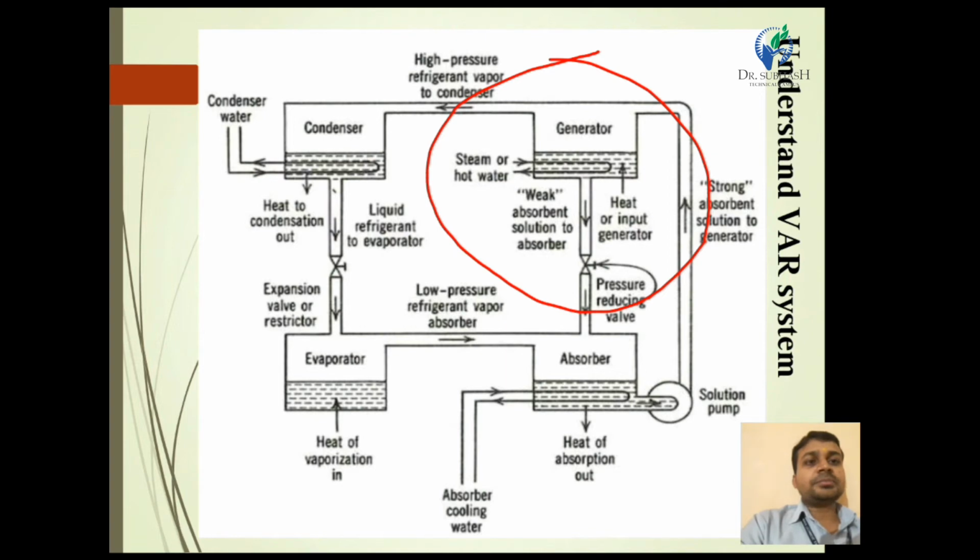In the generator, H2O and NH3 liquid are available. After the saturation point, H2O and NH3 become vapor and pass toward the condenser.